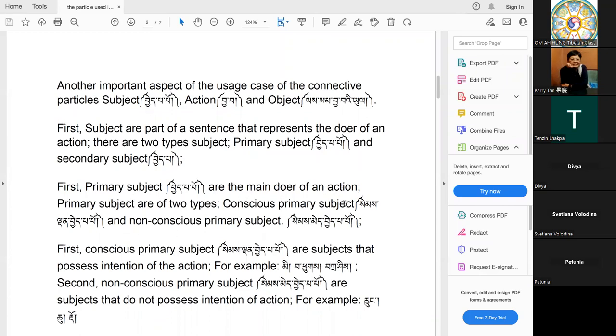One is the conscious primary subject, simde chebapo, and then there is the non-conscious primary subject, simme chebapo. Simme, also known as pempo, are things that don't have consciousness.